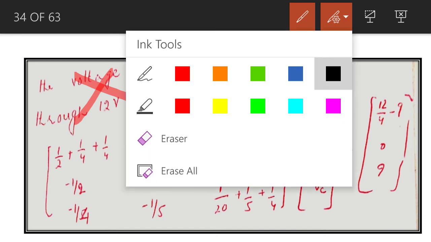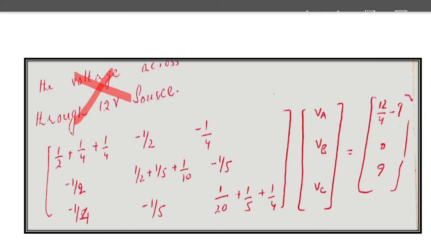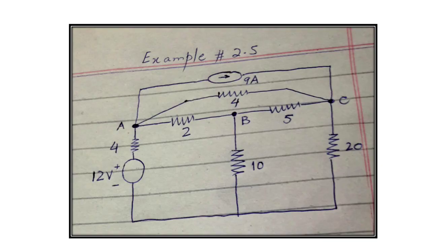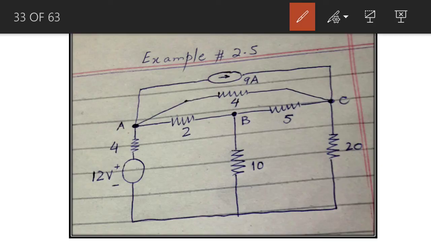So we go back to the circuit diagram and we consider the first node, that is node A. Here is node A. You see this resistor of 4 ohm, this resistor of 2 ohm, and this resistor of 4 ohm have been connected to the first node.